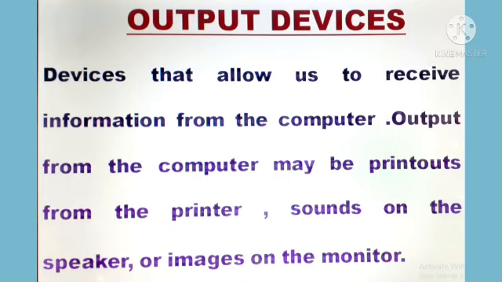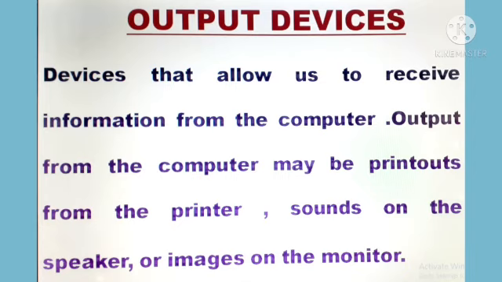Next comes output devices. Devices that allow us to receive information from the computer. Output from the computer may be printouts from the printer, sounds on the speaker, or images on the computer.